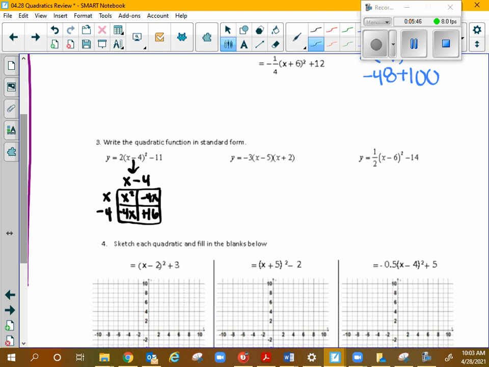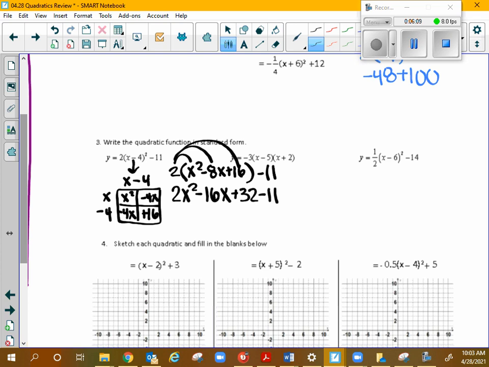So we've got 2 times x squared minus 8x plus 16. Now what? And then I distribute. So 2x squared minus 16x plus 32 minus 11. Am I done? So y equals 2x squared minus 16x plus 21. Very good.